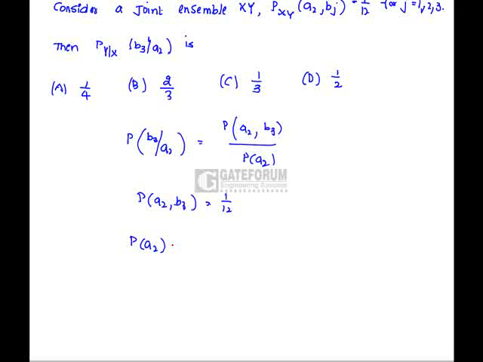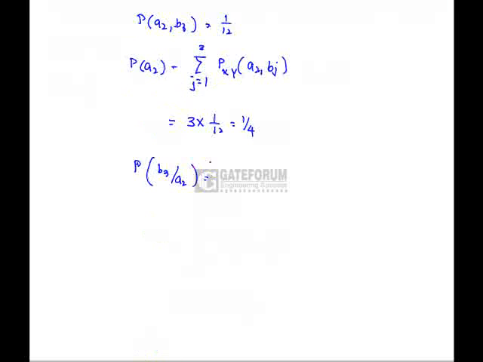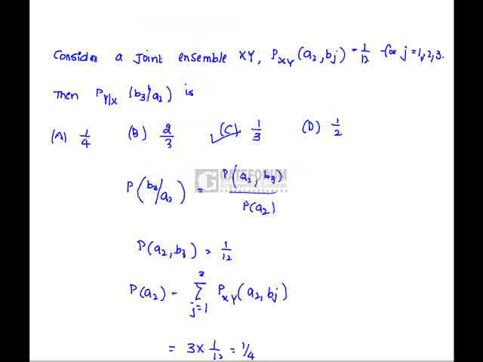Probability of A2 is the sum over J equals 1, 2, 3 of A2 BJ, which is nothing but 3 into 1 by 12, that is 1 by 4. Hence probability of B3 by A2 is 1 by 12 into 4, that is 1 by 3. Hence option C is correct.